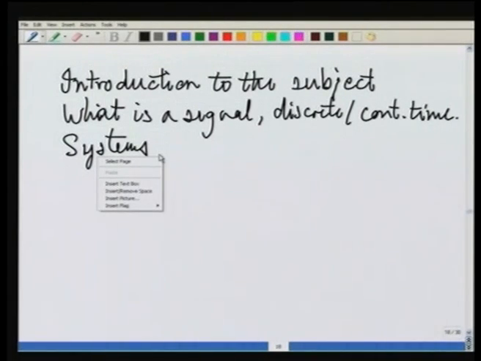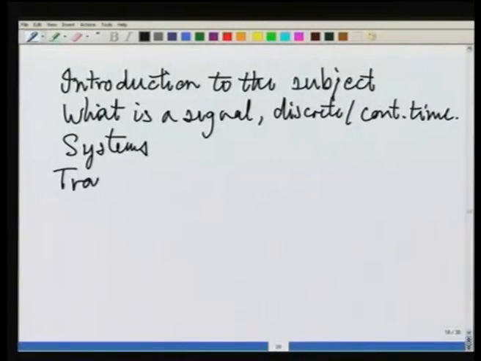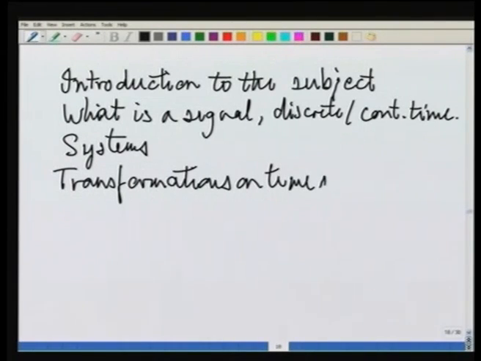Then of course, we went through lots of discussion on different kinds of signals. We discussed exponential signals in detail, unit step, unit ramp, etc., in detail. Then we talked about various transformations on time signals. And finally, we have spoken of properties of systems.